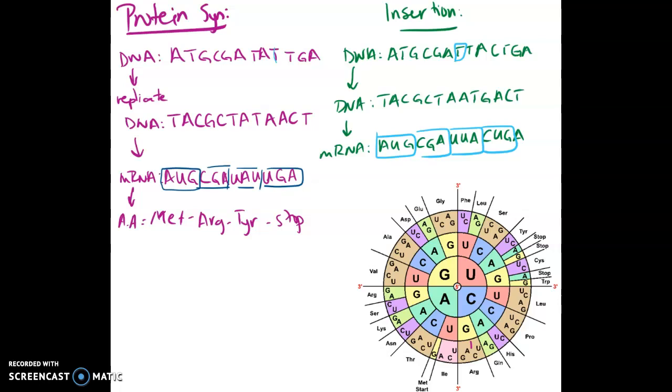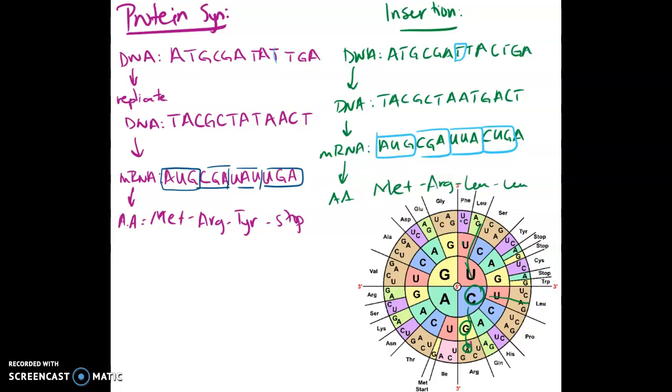All right, so we would have AUG is going to be MET, then CGA, so CGA is still arginine, then UUA is going to be leucine, and then CUG is also going to be leucine.